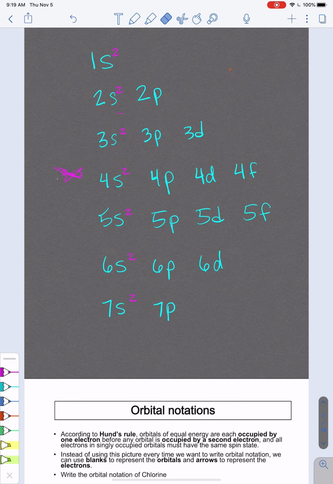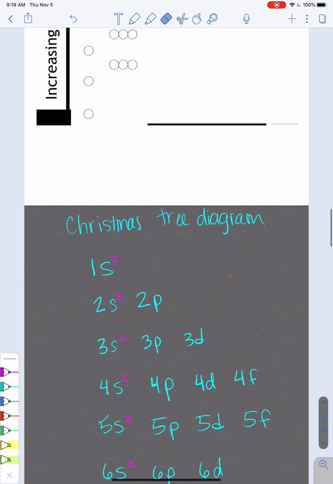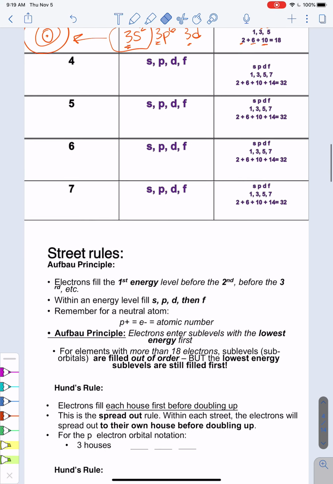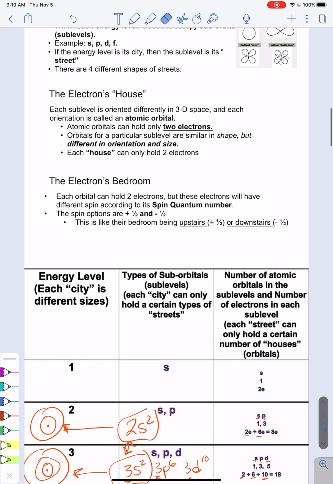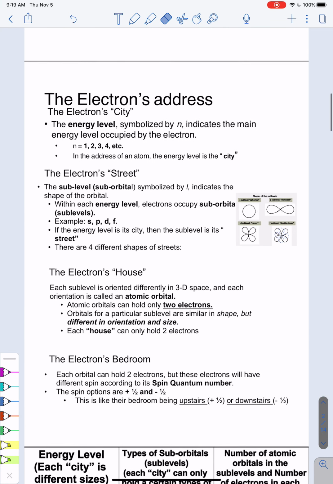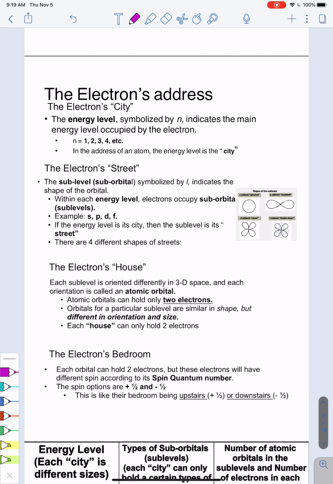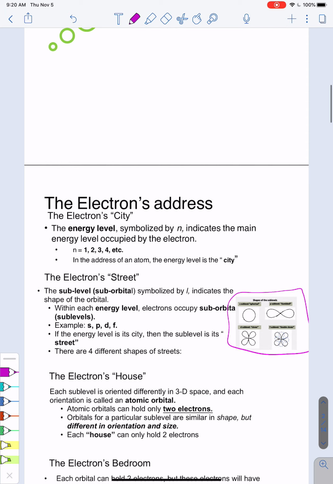So if you don't know what I'm talking about with ways it can be turned, in your notes on your PowerPoint, it has right here, let me see, right here, these shapes. Remember I said that the S orbital can, no matter which way you turn it, here's my 3D axes, no matter which way you turn it, it still looks like a circle, okay?